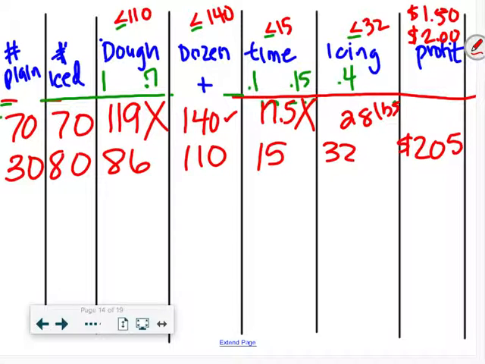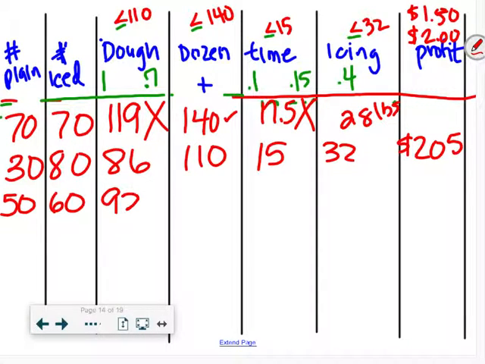We have 50 plain, 60 iced. Raise your hand if you tried that combo on your paper. Anyone try combos close to 50, 60? What was yours? 50 and 65. Okay. So how much dough does 50, 60 use?